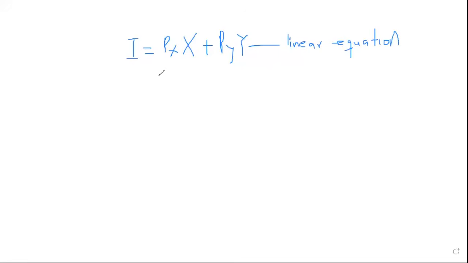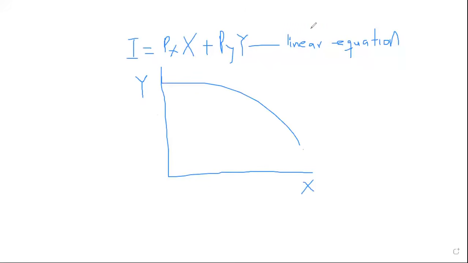So the commodities are X and Y, so we need our X and Y quadrant. I have X on the horizontal axis and Y on the vertical axis.